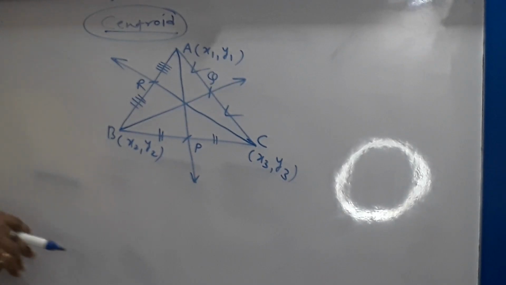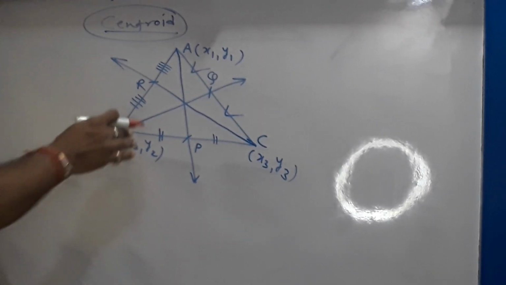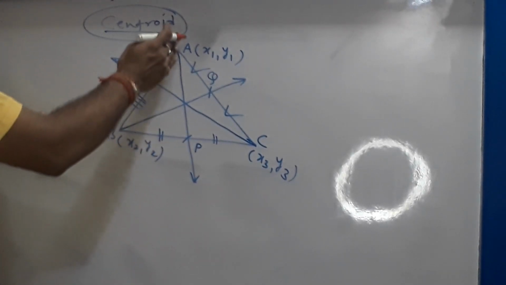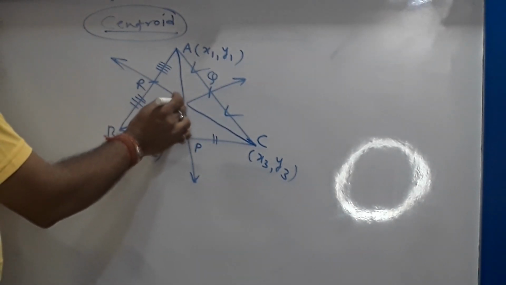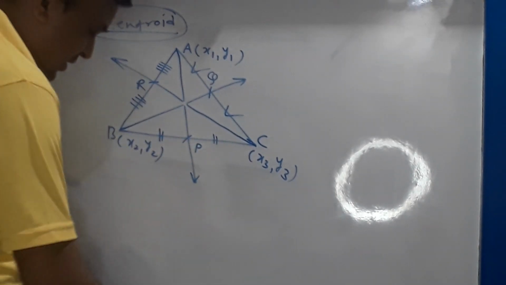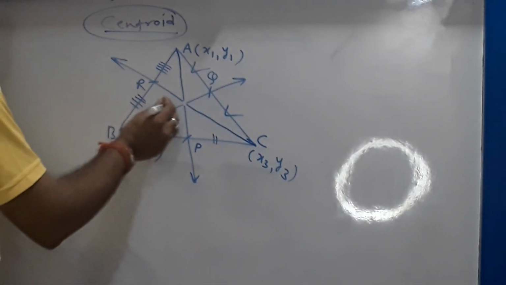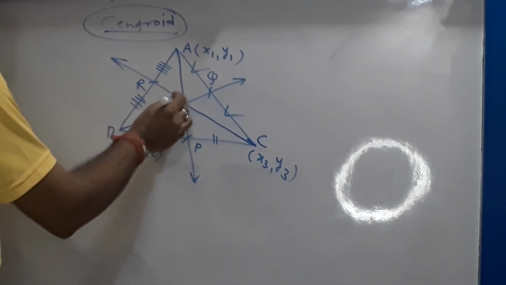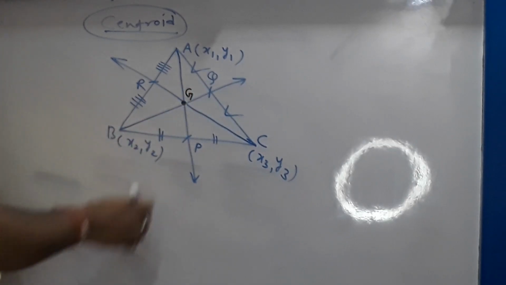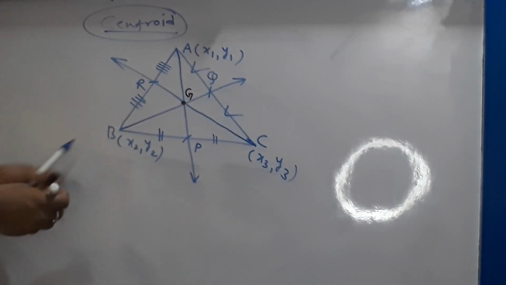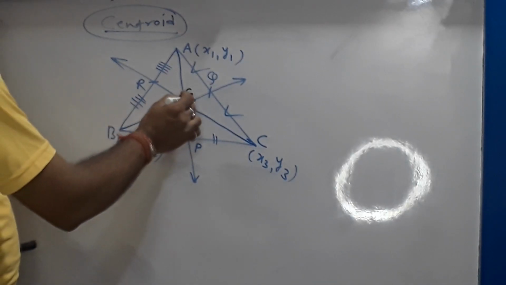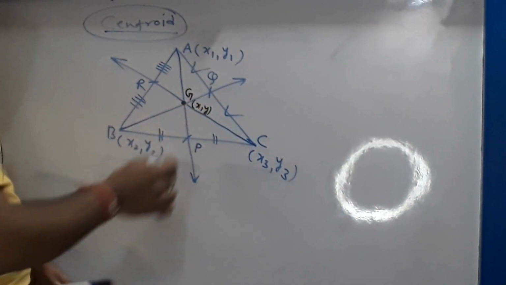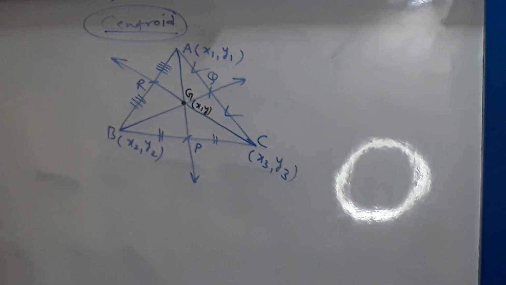So what is the centroid of a triangle? The centroid of a triangle is the point of intersection of all 3 medians. This median and this median, all the 3 medians intersect each other at point G. The point of intersection of all the 3 medians is called the centroid. Is it clear?